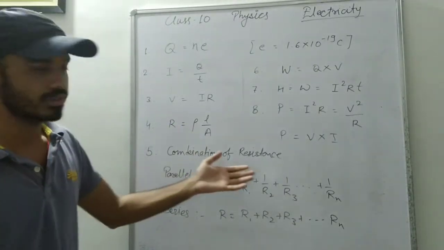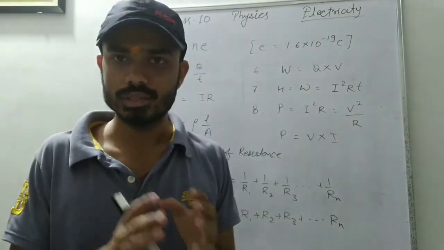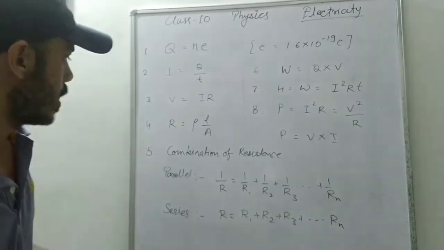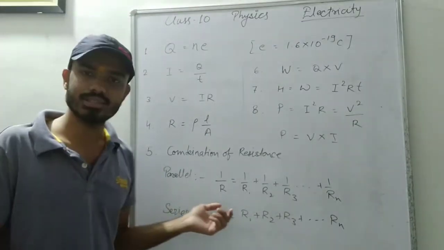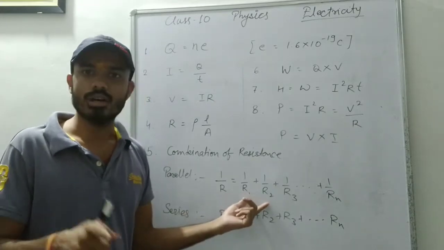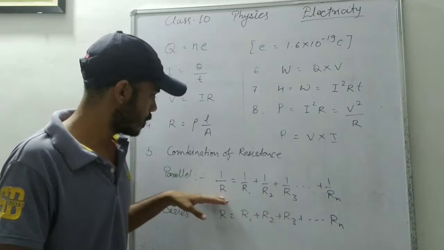The fifth one is combination of resistances. We know that there are two types of combination: series combination and parallel combination. In a parallel combination, we find the resultant resistance by the sum of the reciprocals of the resistances, however many are given in the combination.